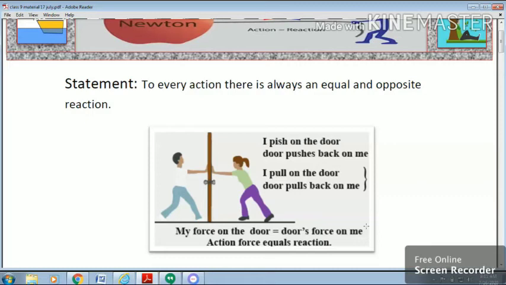One more example, catching a ball. While catching a ball, the ball exerts a force on the palm of the cricketer. That is the action, and the cricketer exerts an equal and opposite reaction on the ball to stop it. That is the reaction.